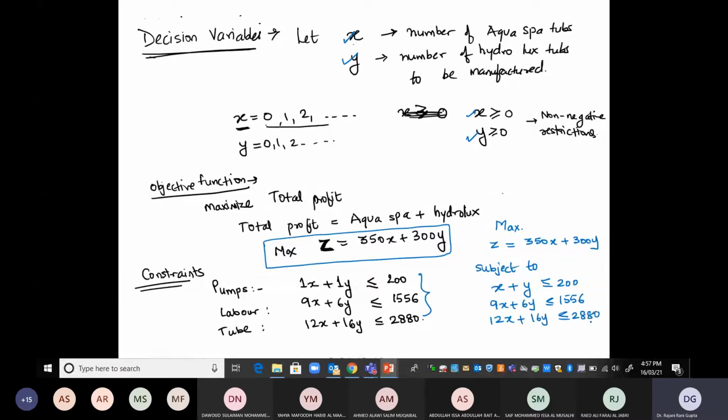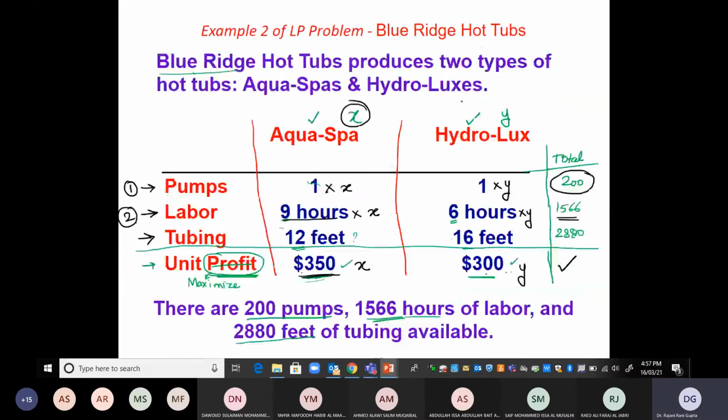The non-negativity restriction. These are important. Don't miss this, because the decision variables cannot be negative. They should always be positive. So this is your mathematical model of this given problem. I hope it is clear. So this is what we talk about in formulation.